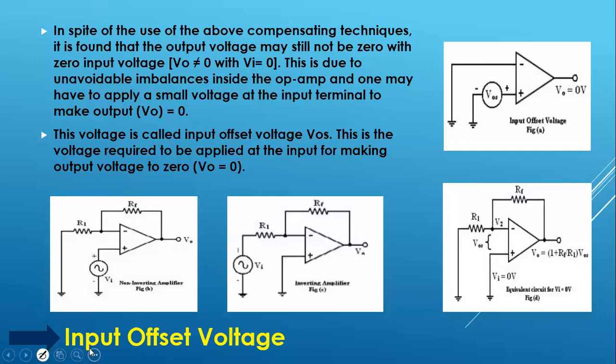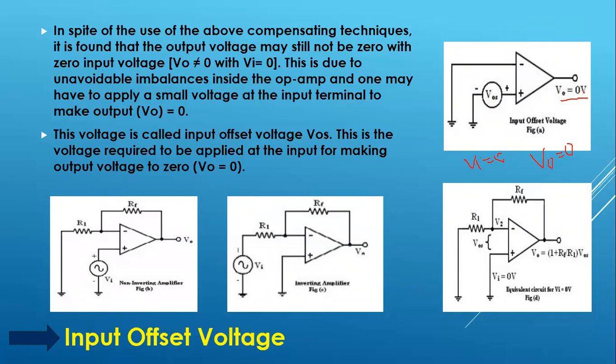So here we are going to discuss input offset voltage. Input offset voltage means, so this is the voltage. If you see this figure 1, you will have input offset voltage to keep the output voltage equal to 0. Generally, we consider that if VI is equal to 0, output V0 should be equal to 0.